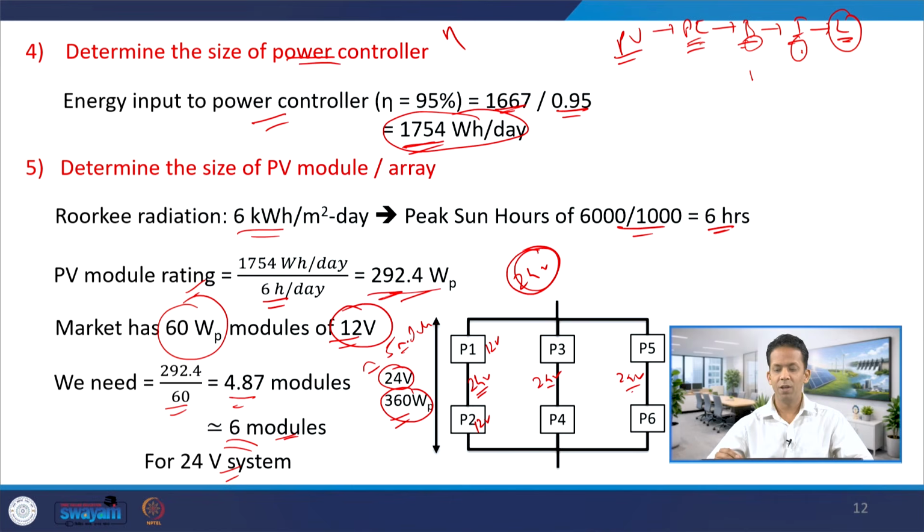Then we designed the power controller based on its efficiency, and finally the PV module based on the peak sun hours and radiation data, and how we can arrange them in series and parallel to get the required system voltage. That completes the design of a standalone PV system.